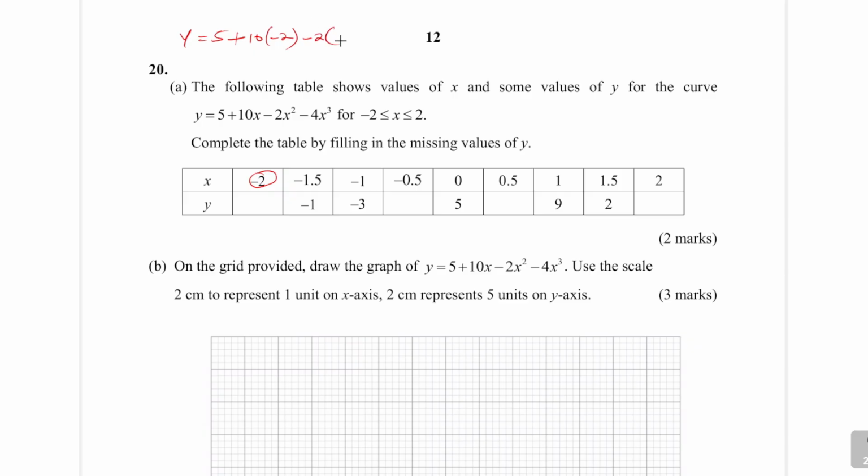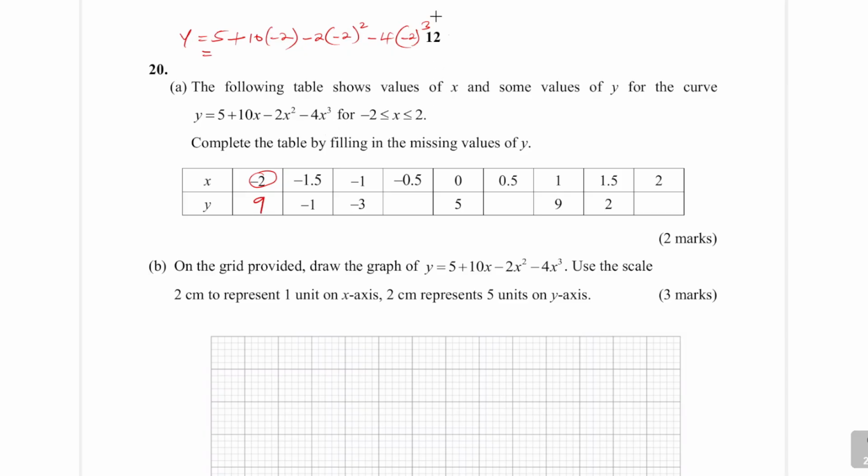Subtract 2 times x squared, where x is -2, then subtract 4 times x cubed, with x as -2. Feed it the way it is, even the brackets, and once you press equals, that should give you 9.